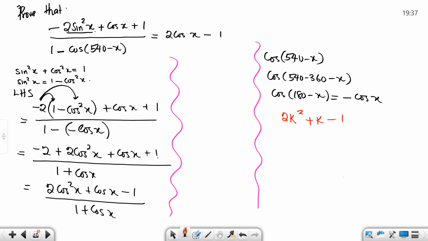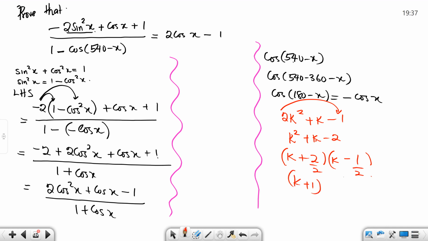If you use my method, what would you have? K squared plus k minus 2. I have multiplied that. Now, can we factorize quickly? 2 and 1, but I want positive there. Remember, I multiplied by 2, so I need to divide by 2. What do you have? K plus 1 and 2k minus 1.